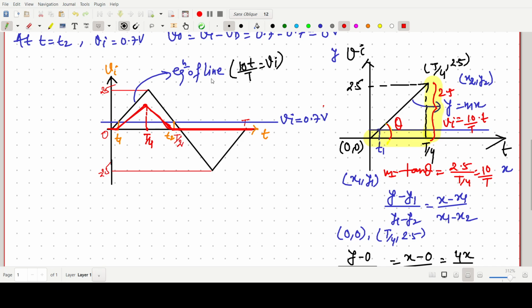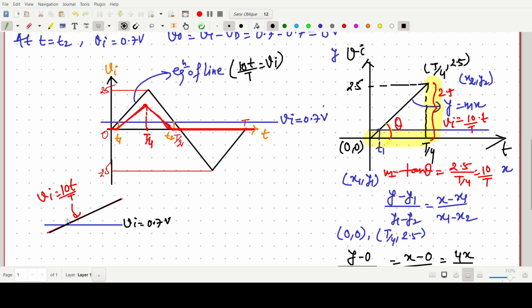So now we have already found this equation. So now this equation we know, the equation vi equals to 10t by T. And now one more line is there, means the same thing I am doing here. Okay, this one is line and this point is our Vi equals to 0.7 volt.